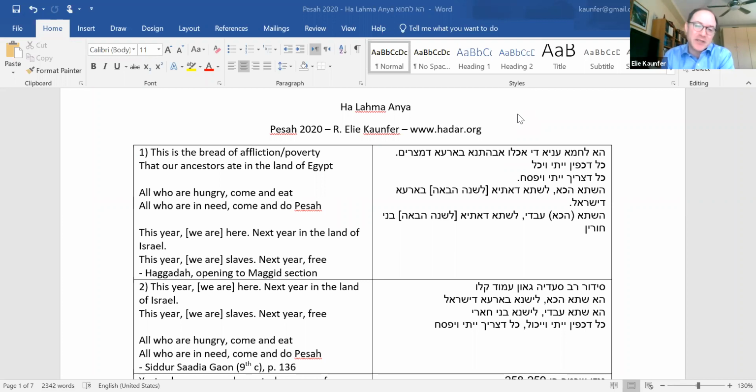The first one seems to be talking about the matzah itself, that you're going to hold up the matzah or the plate with the matzah. Then we have an invitation for those who are hungry and those who are in need. And then we seem to have a request or a hopeful prediction, that this year we're here and next year in the land of Israel. This year we're slaves. Next year we are free.